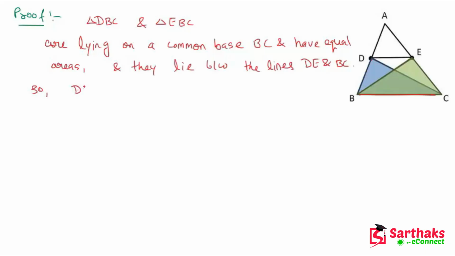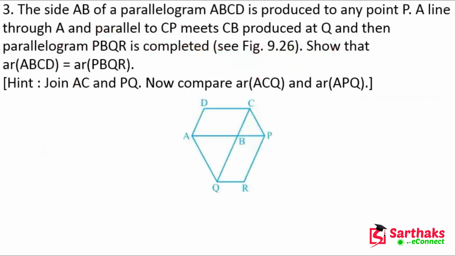So DE is parallel to BC, because two triangles having the same base and equal areas lie between the same parallels. So we can write hence proved. So this is a very easy question. Yes, so now let's move on.